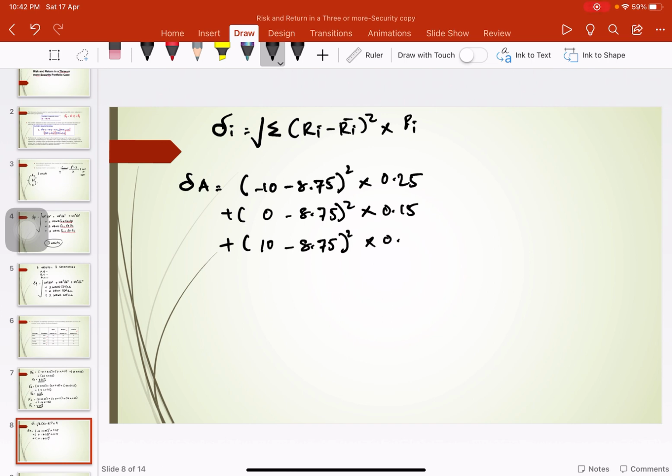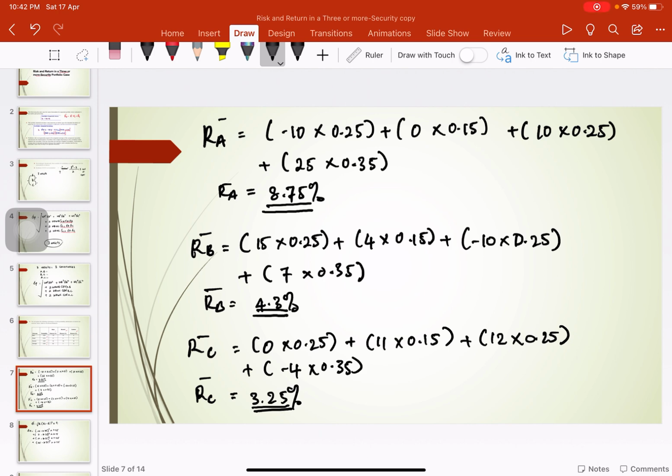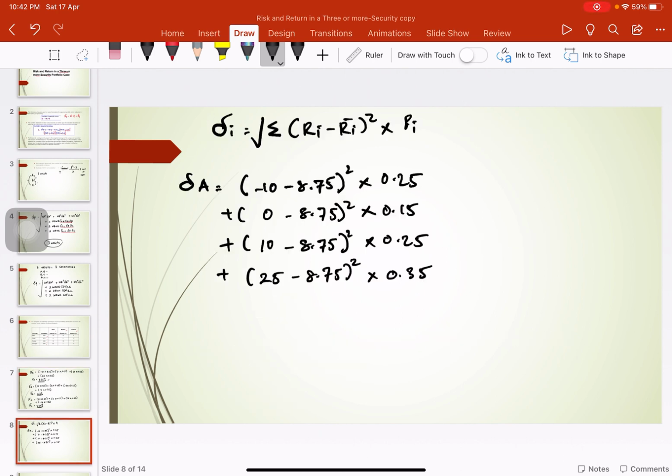Plus 25 minus 8.75 square times 0.35. Kalau tak nampak kat mana 8.75, yang ini yang mula-mula kita kira tadi, expected return for A. You just work out this one and don't forget to square root. So standard deviation A, you will get 13.86%.